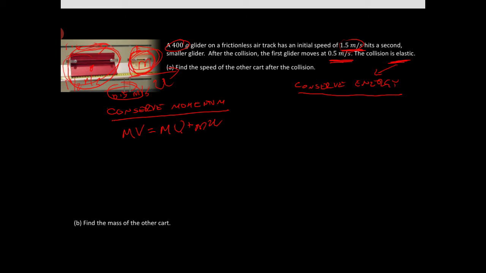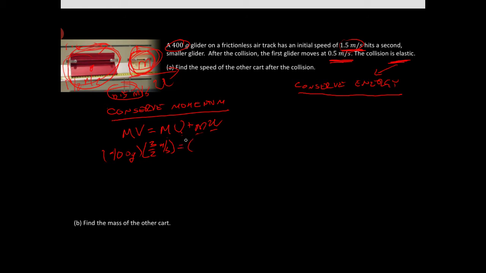Well, why don't we just plug numbers in? That seems to be a pretty good thing. We know all of these other things, so just plugging numbers in seems to be a reasonably good way to go. We have 400 grams of stuff over here times the velocity, which is 3/2 meters per second.